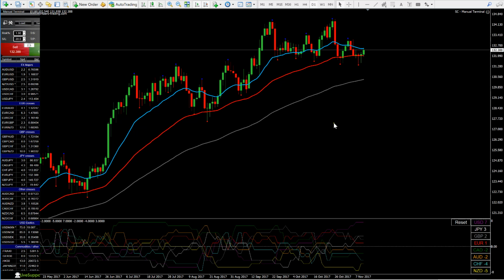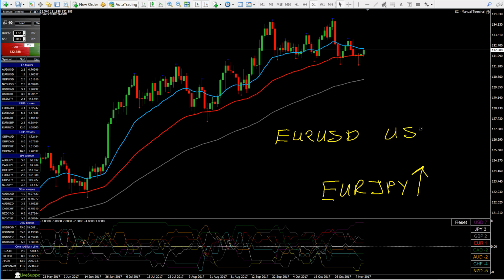So what we have on this chart, I'm going to try and draw or write with my mouse, not that easy. So we've got euro yen. Okay, so euro yen here. Now if we want the euro yen chart to go up, what this is actually made up of is euro dollar and dollar yen.